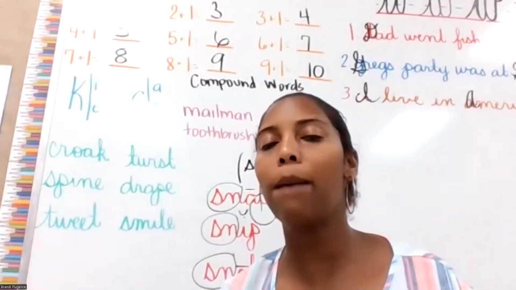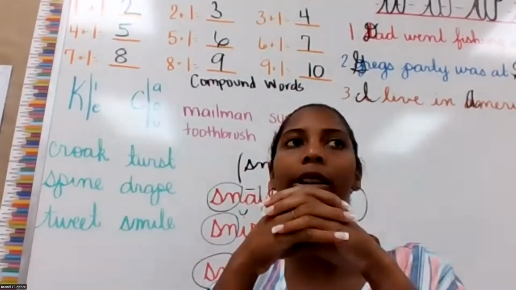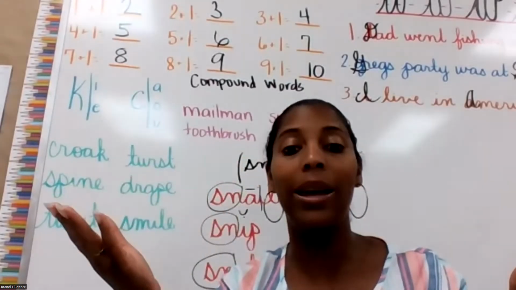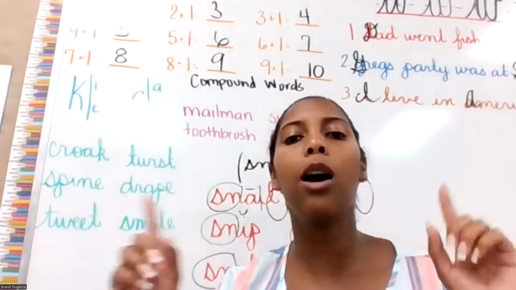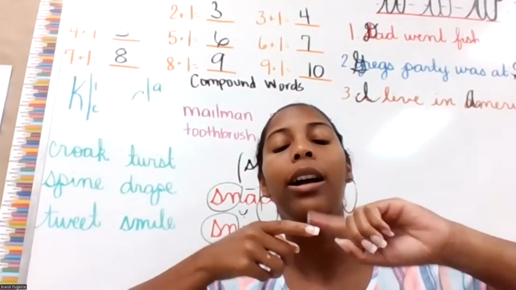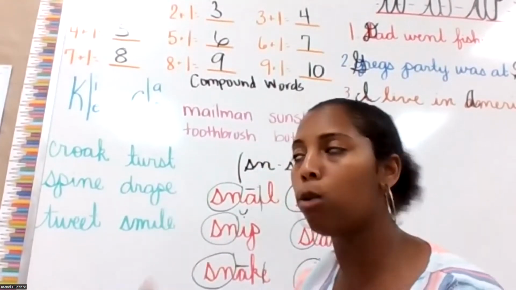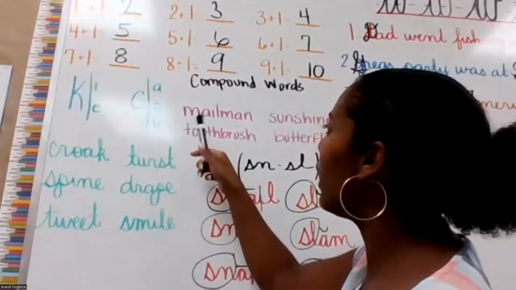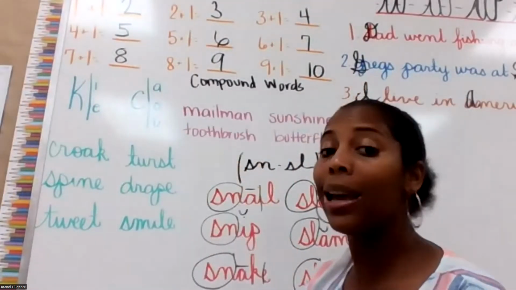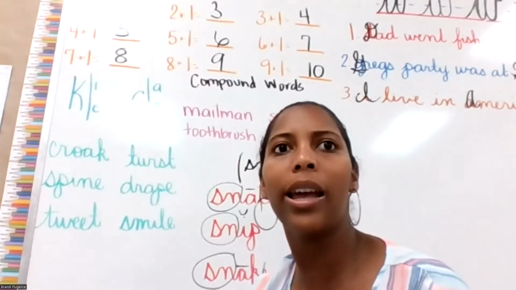Again, what are compound words? It's when we have two small words that we put together to make one big word. So for example, mailman.